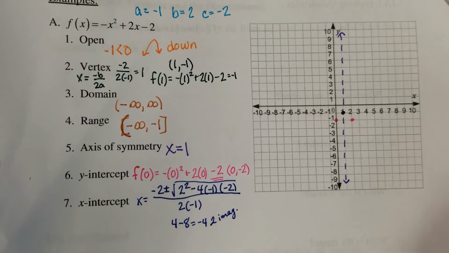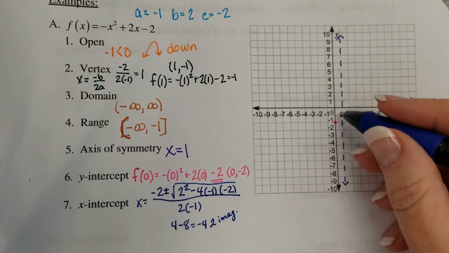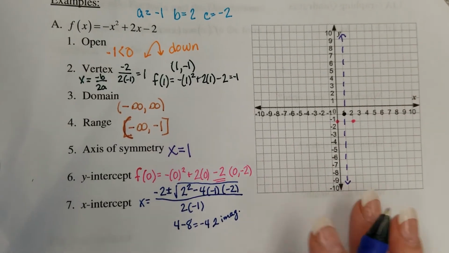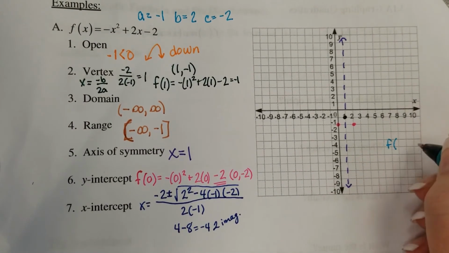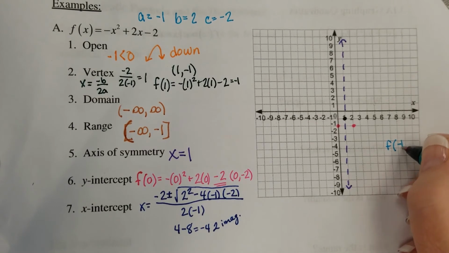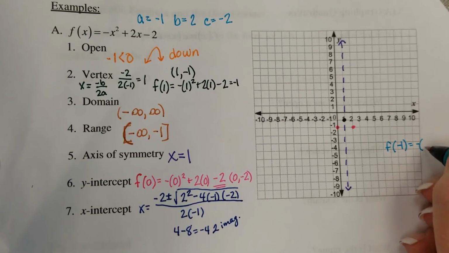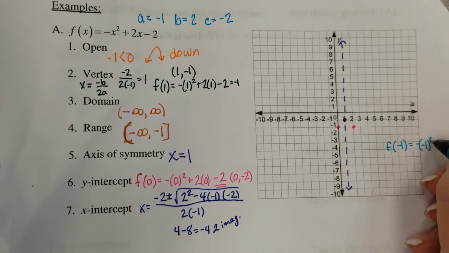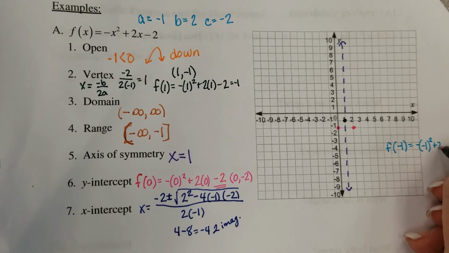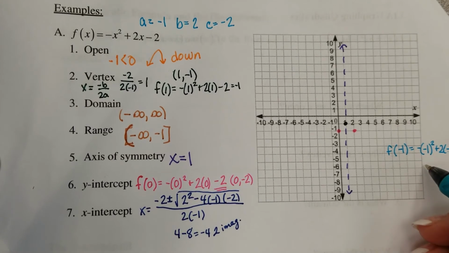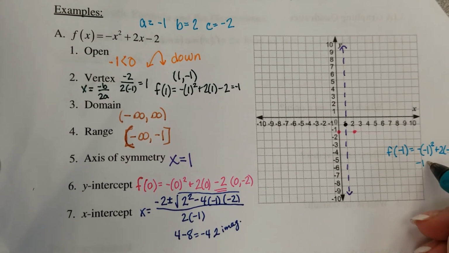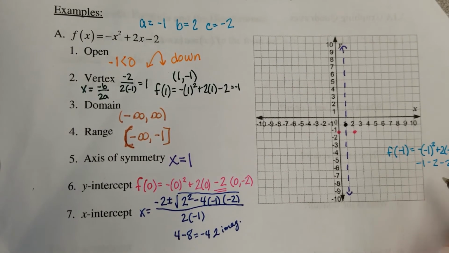So I want to graph this, and I know I have these 3 points. Well, what if I want one more point? I could just do something like f of, let's go with negative 1. So negative negative 1 squared plus 2 times negative 1 minus 2. So that's going to be negative 1 minus 2 minus 2, or negative 5.